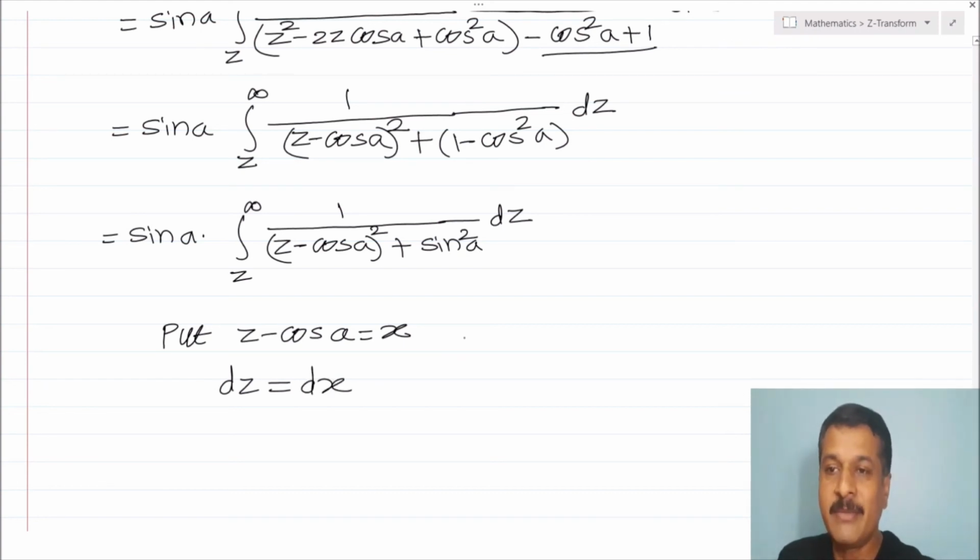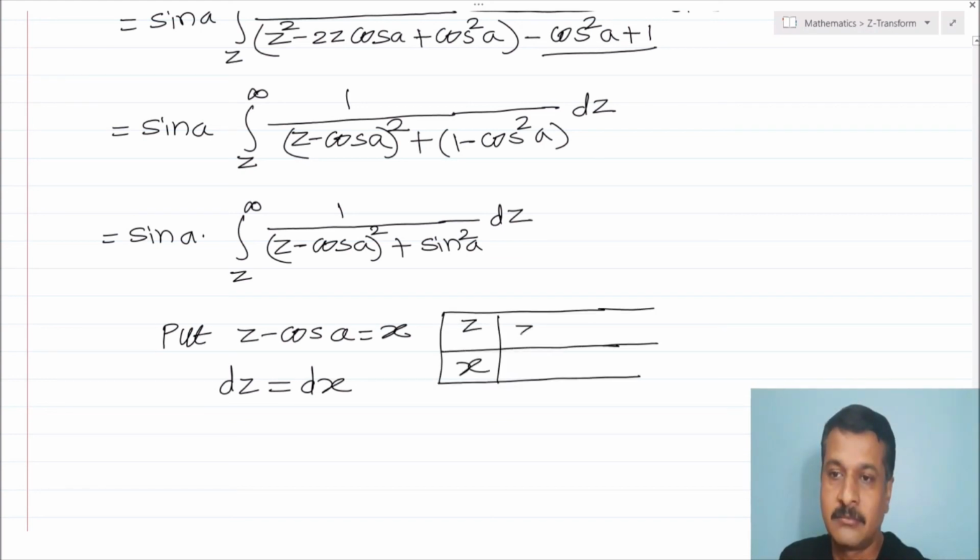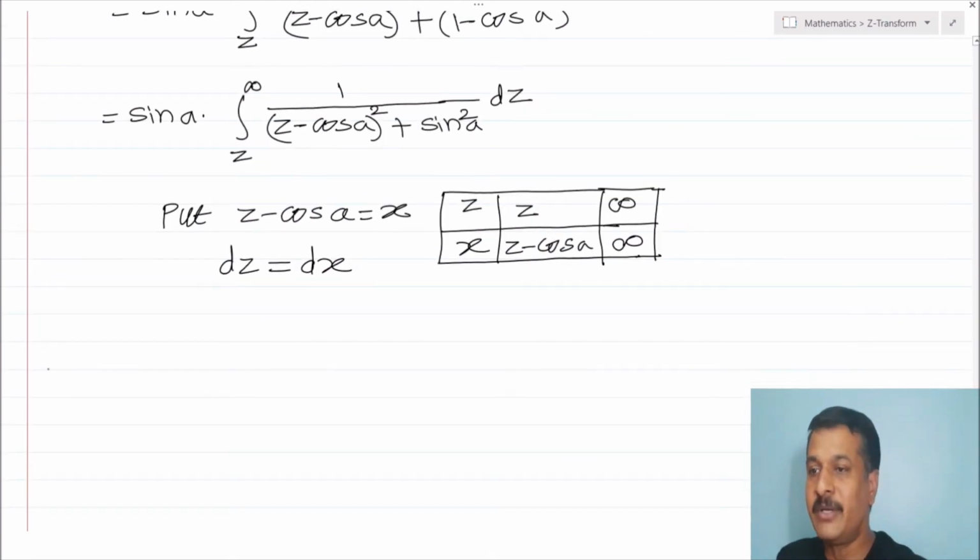What about the limits? If we consider limits here from z to x, what am I getting? When z equal to z, so put here z equal to z, I am getting z minus cos A, that is x. And when z equal to infinity, if we put infinity, I am getting x also infinity. So by using this, what is the left hand side?